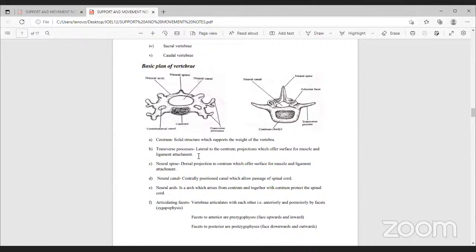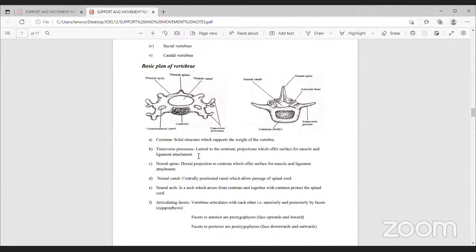In the sacral vertebrae, the transverse processes are greatly reduced. Moving downward to the caudal vertebrae, we do not have the transverse process. So where it is there, even in the cervical vertebrae, the function does not change. It remains the same throughout the bones whenever it is there.